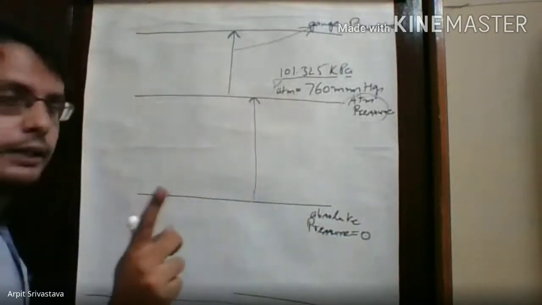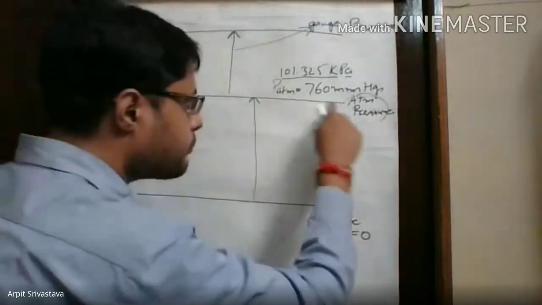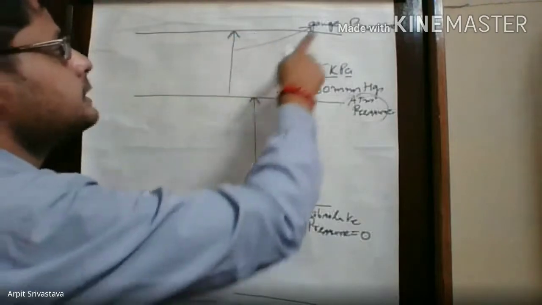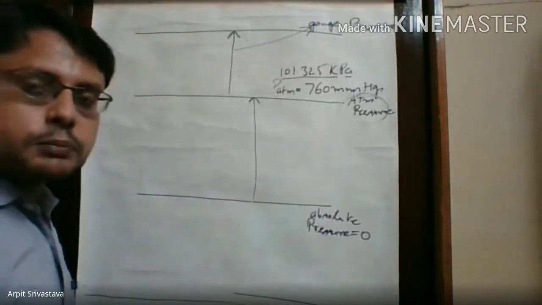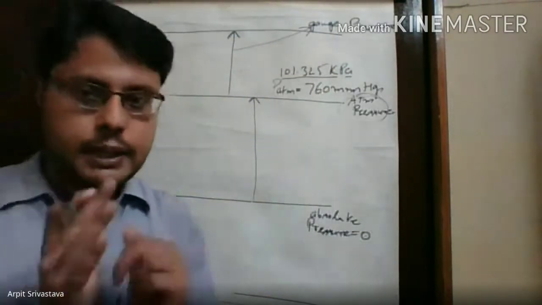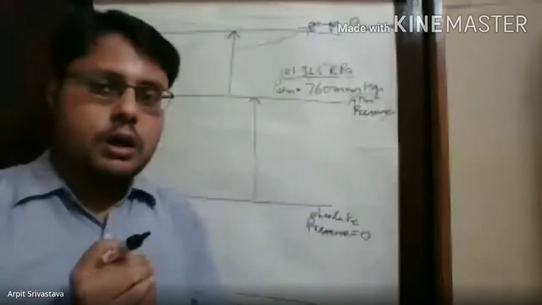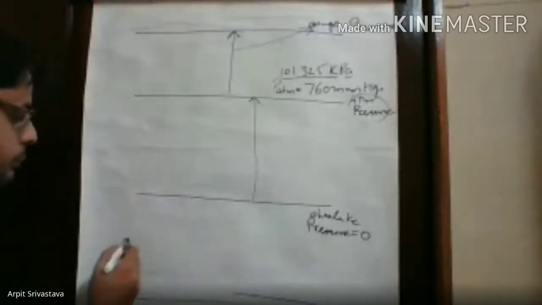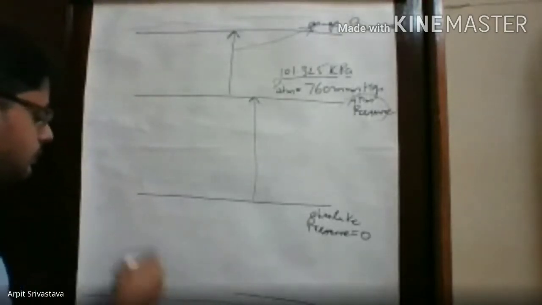And if we take the atmospheric pressure line as a reference line, then this difference is known as gauge pressure. Suppose I am taking an example.